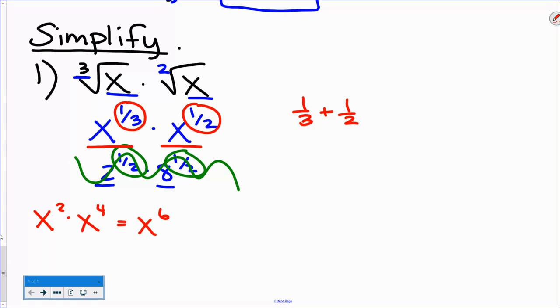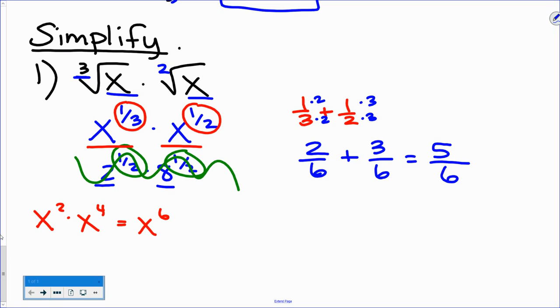Going back to when you're adding fractions, I need a common denominator. So my common denominator would be 6. So I multiply by 2 and 2, 3 and 3. So 2/6 plus 3/6. Keep your denominator the same. Add across the top. 5/6 is going to be the exponent on x.